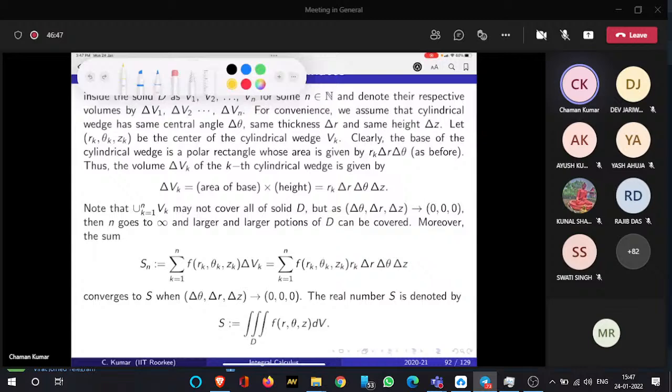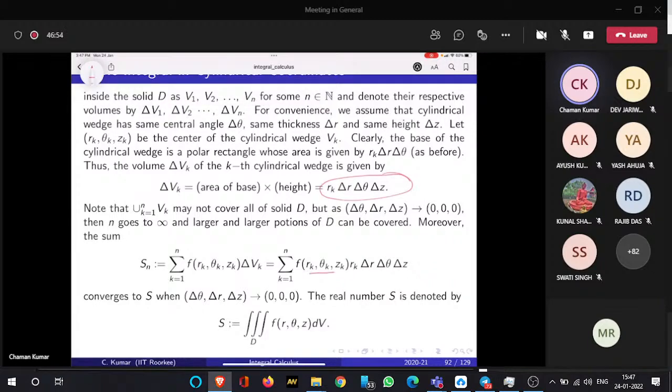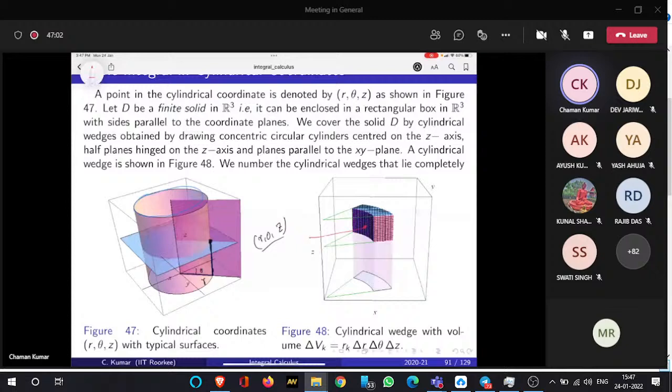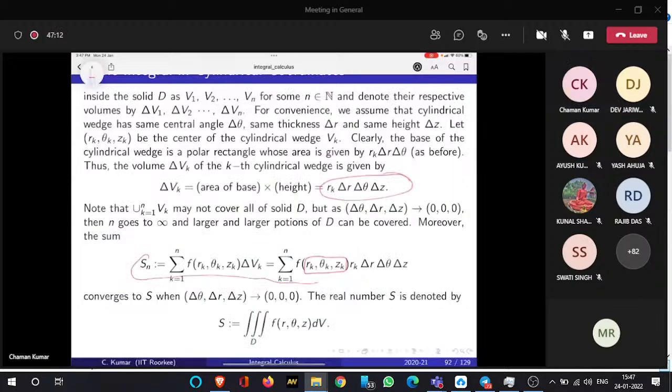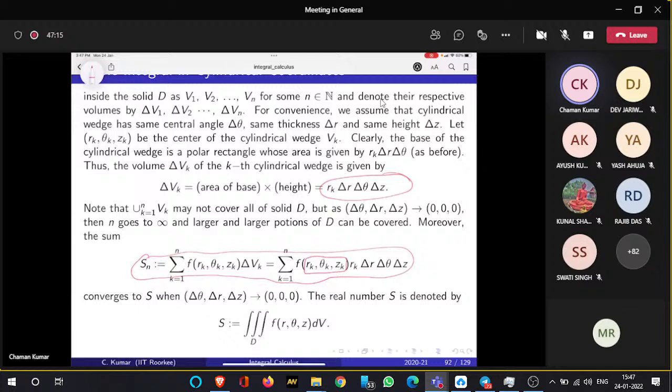And again the same thing: we will take a point in this, in this case some point. This point is, let's say, r_k, theta_k, z_k, and then accordingly we can construct the Riemann sum, and we say that this S_n converges to S when n goes to infinity. You get the triple integral in cylindrical coordinates.